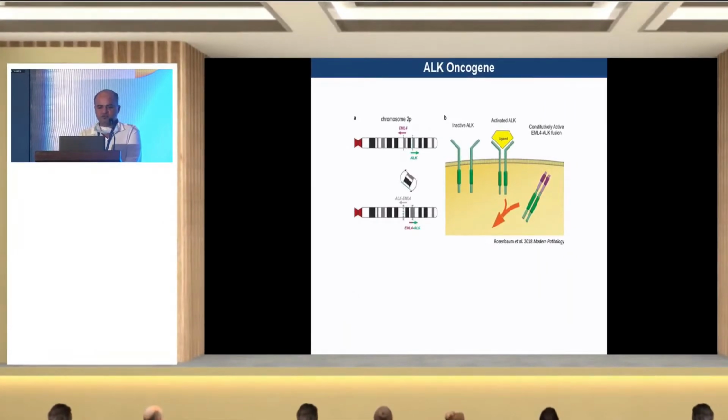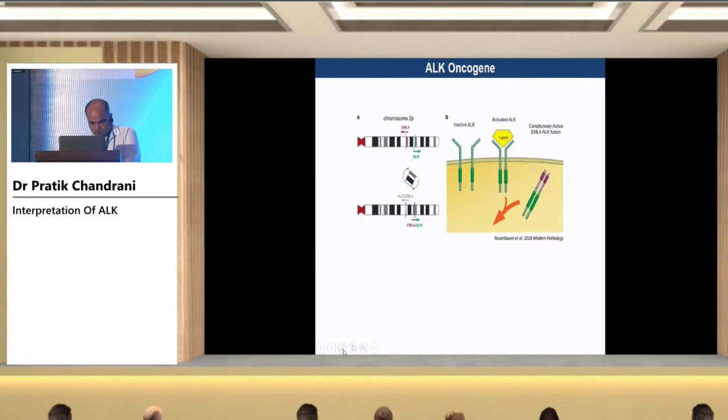So in this fusion, what exactly happens is there is a chromosome 2 location for EML4 going in the left side direction, and ALK is going in the right hand side direction. During the translocation event, this internal part is inverted, which results in fusion of EML4 and ALK together.